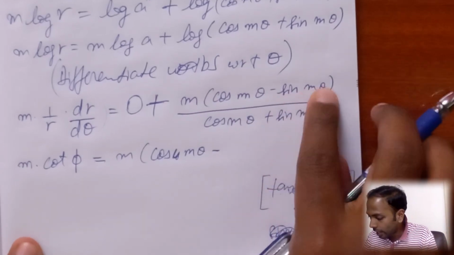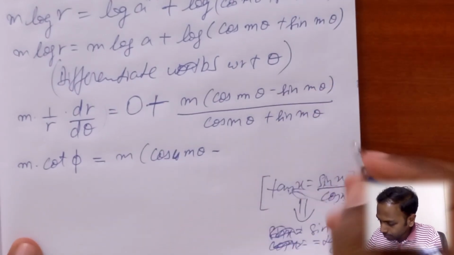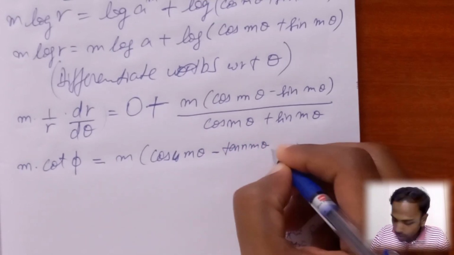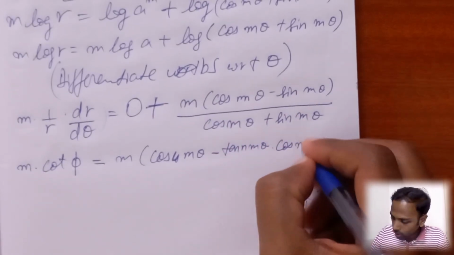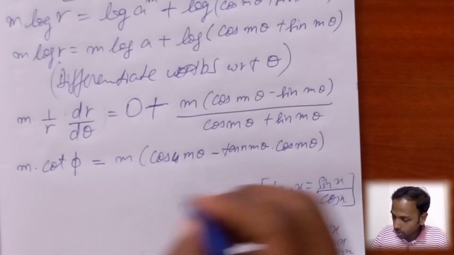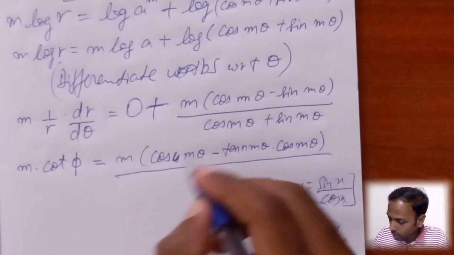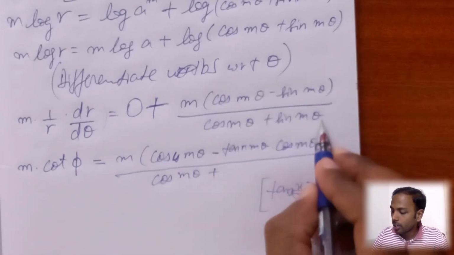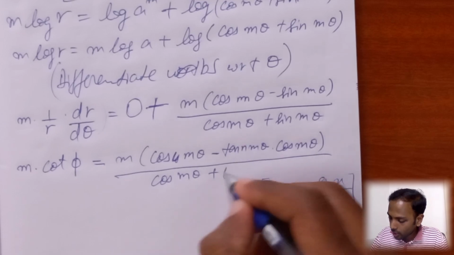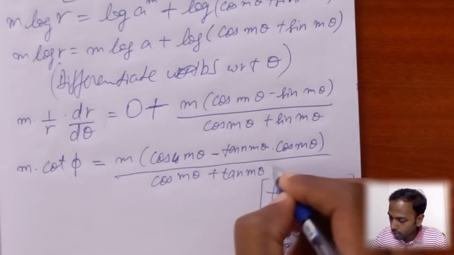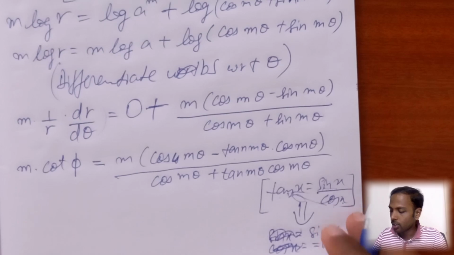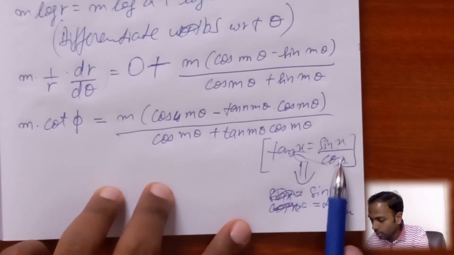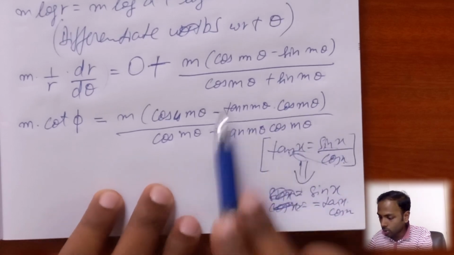So, I am replacing sin m theta with tan m theta into cos m theta by cos m theta plus, instead of sin m theta, it is again the same, tan m theta into cos m theta. Why? Because sin x is equal to tan x into cos x. Here it is m theta, here it was just x. In place of x, there is m theta. So you got the point.